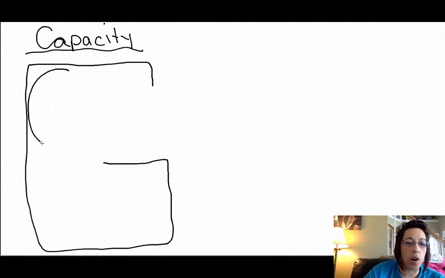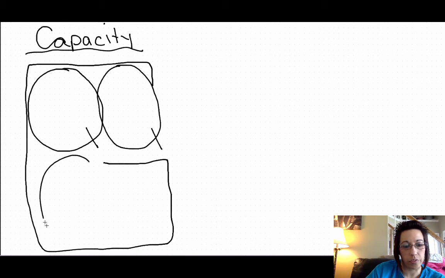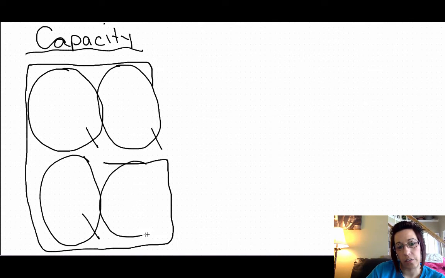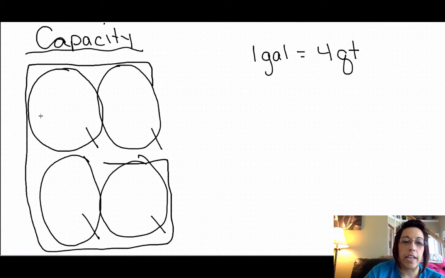Inside of that 1 gallon, you are going to draw 4 quarts. Okay, so 1 gallon equals 4 quarts.